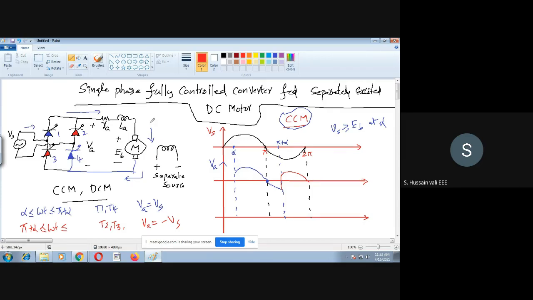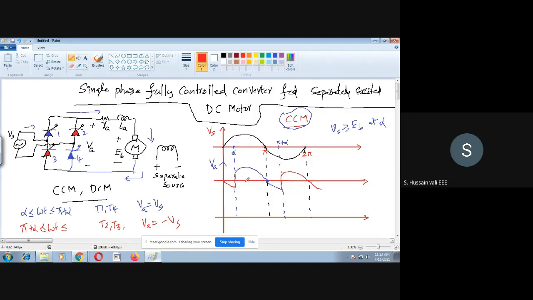Even after 2 pi, the energy in the inductor will still circulate through 2 and 3. It has no other path, because just as it forced thyristors 1 and 4, it will force them here also. So it will continue for some more time here, and then at some other instant I will just complete the cycle.